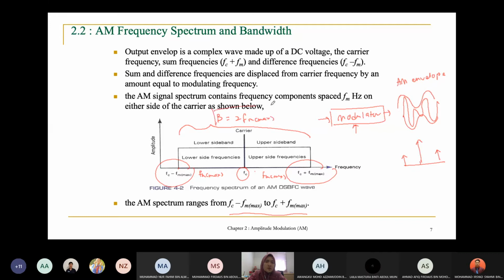This is the formula for bandwidth for amplitude modulation: B equals 2 Fm max. Fc is the carrier frequency, and Fm max is the modulating signal frequency.